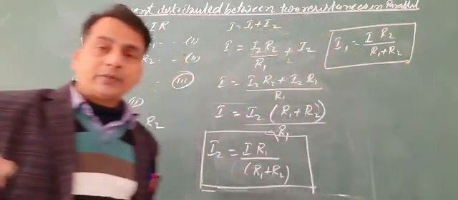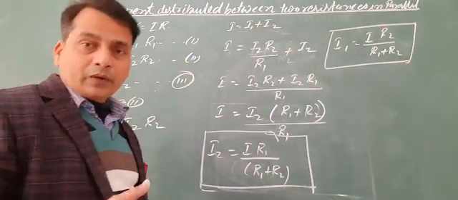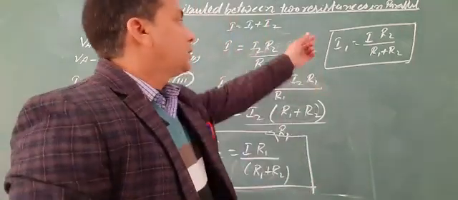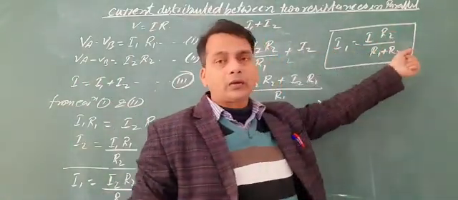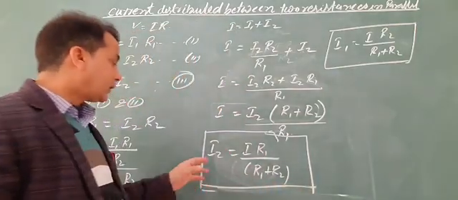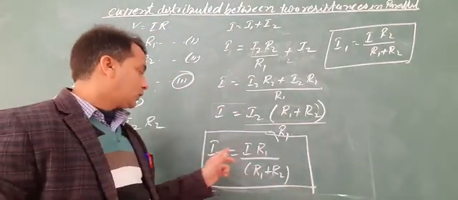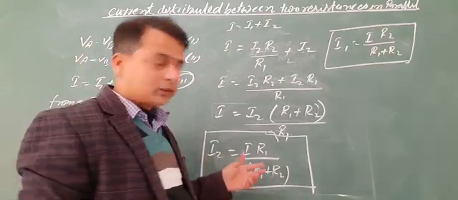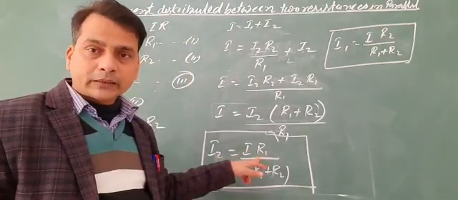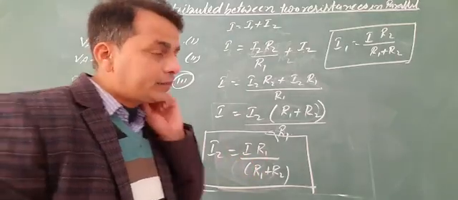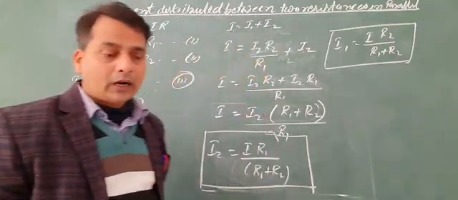So the individual currents: the value of I1 is the total current times R2 by R1 plus R2, and the current I2 equals the total current times resistance R1 by R1 plus R2.